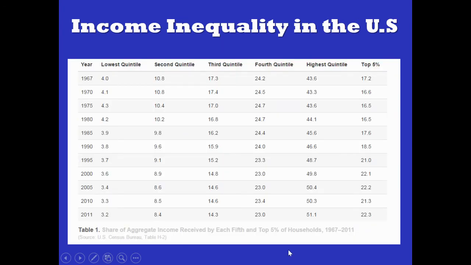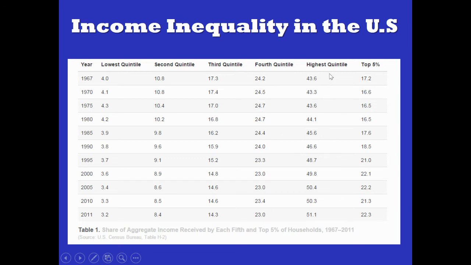If you're taking a look at this over time, say 1967 to 2011, just look and see what happens to the top 5%. And while those numbers look small, take a look at what happens to the lowest quintile. Those drop and go the other direction. These drop for the second quintile. These drop for the third. Fourth quintile, not nearly as dramatic, but still a drop.